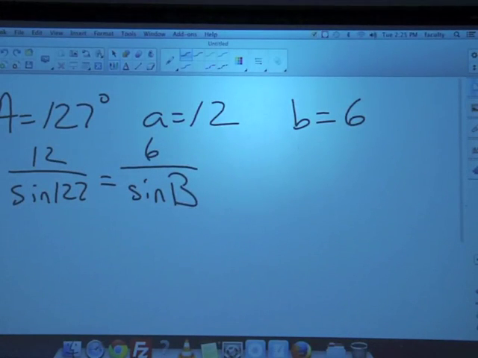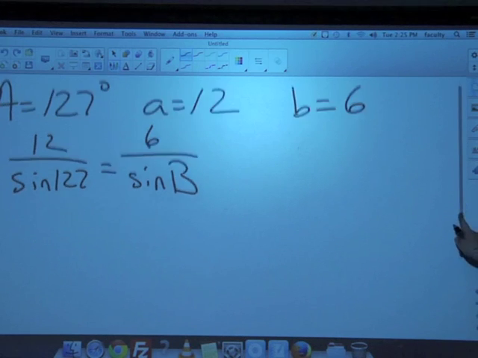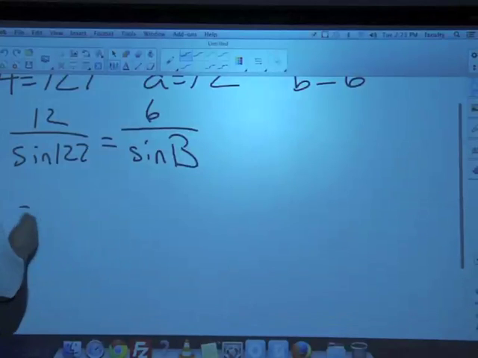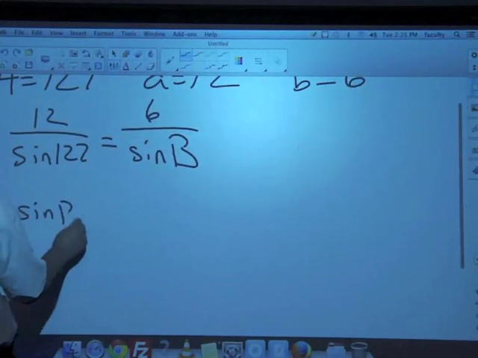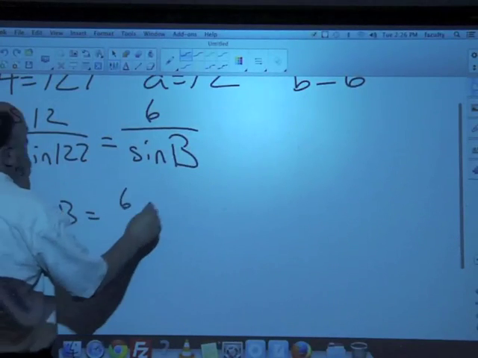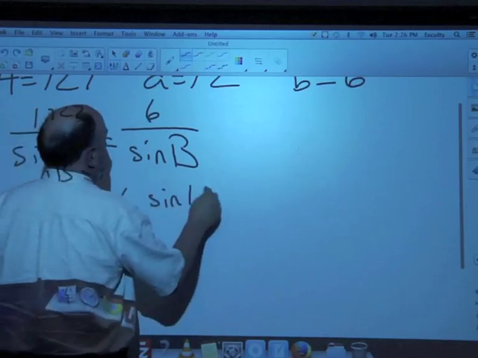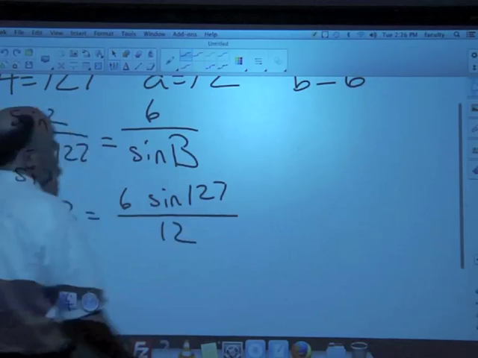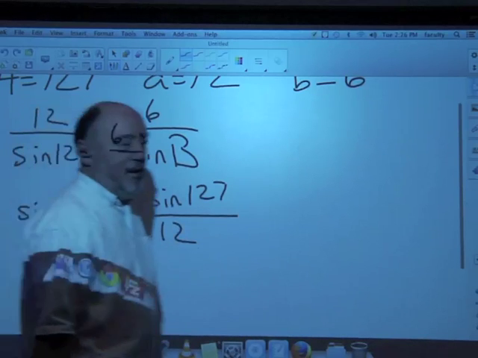Well, that is a proportion. The way we solve a proportion is to cross multiply and divide. If I do that step first, we get that the sine of B is going to equal 6 times the sine of 127, all divided by 12.